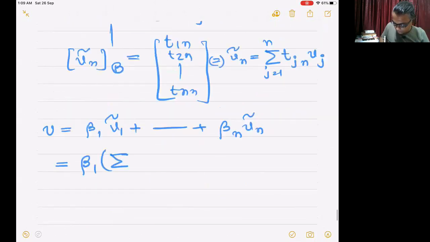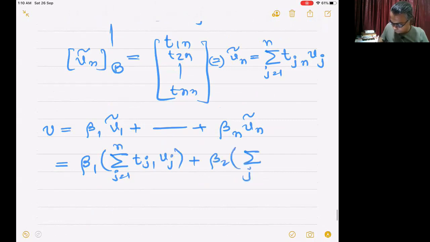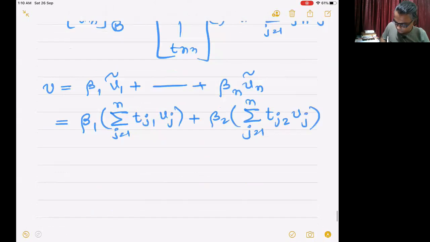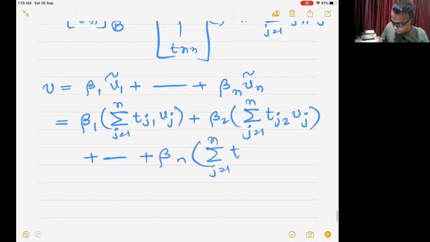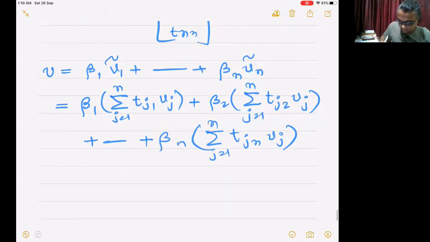This is the sum of Tj1 Vj, j going from 1 to n, plus beta 2 times the sum over j from 1 to n of Tj2 Vj, plus dot dot dot plus beta n times the sum over j from 1 to n of Tjn Vj. Just like in the second module, I'm going to club these V's together, all V1s together, all V2s together, and so on. For that, this will help.